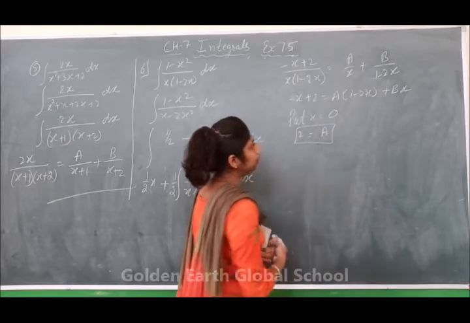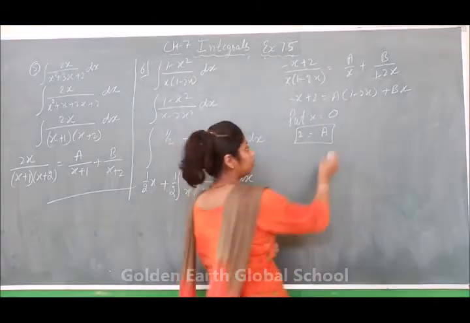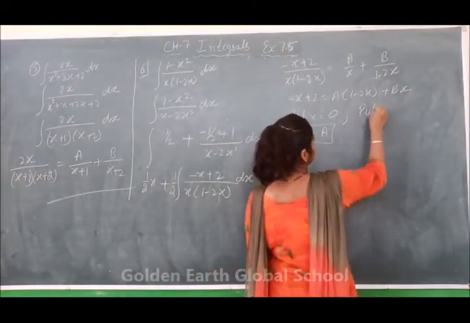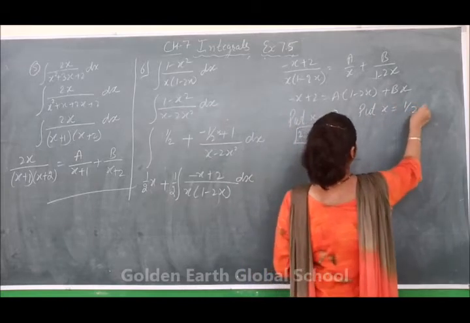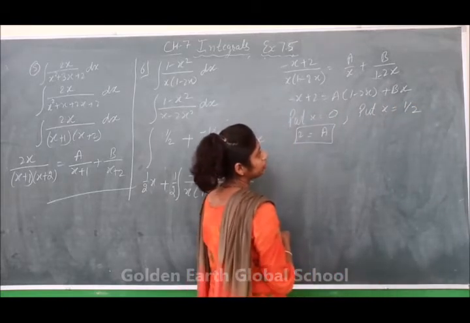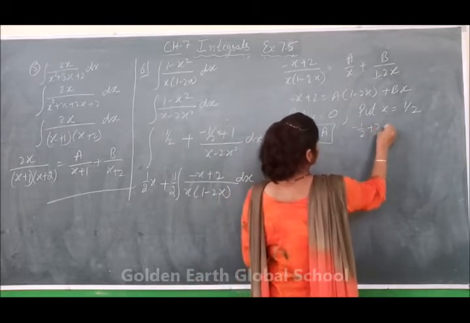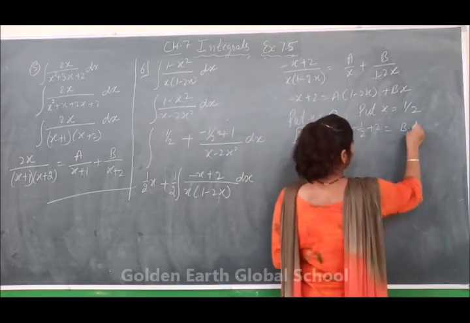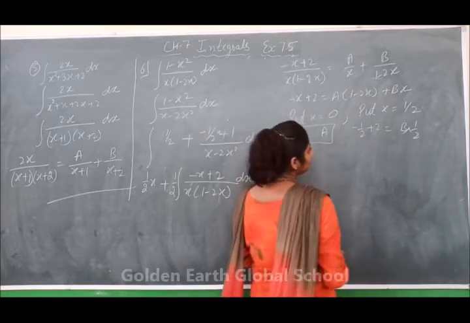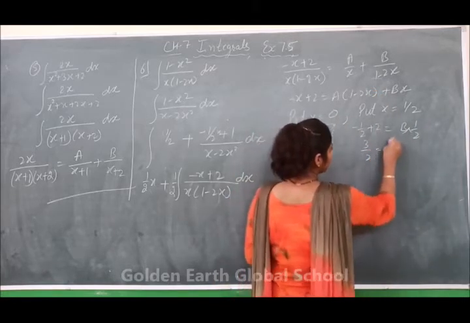And if you will put x is equals to 1 by 2, you will get the value of b, because this term will get 0. b by 2 equals to b by 2.